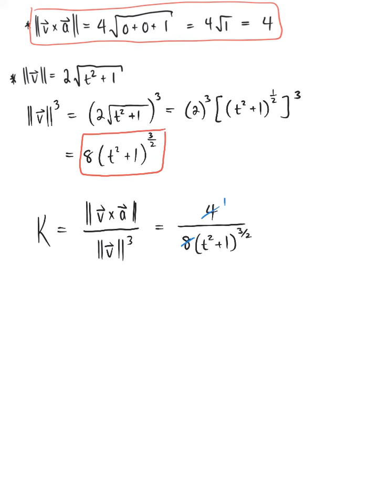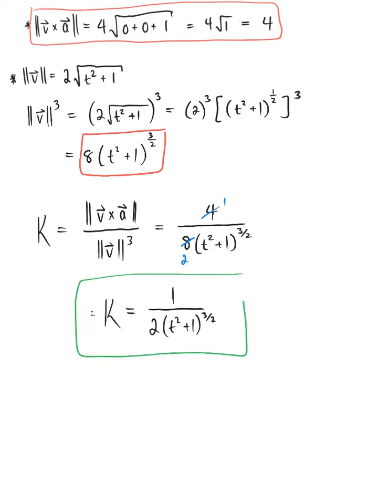We know 4 goes into 8, 2 times, for a final answer. Our curvature kappa is defined as 1 divided by 2 times t squared plus 1 raised to the 3/2. And so this is our final answer for curvature using our alternative definition.